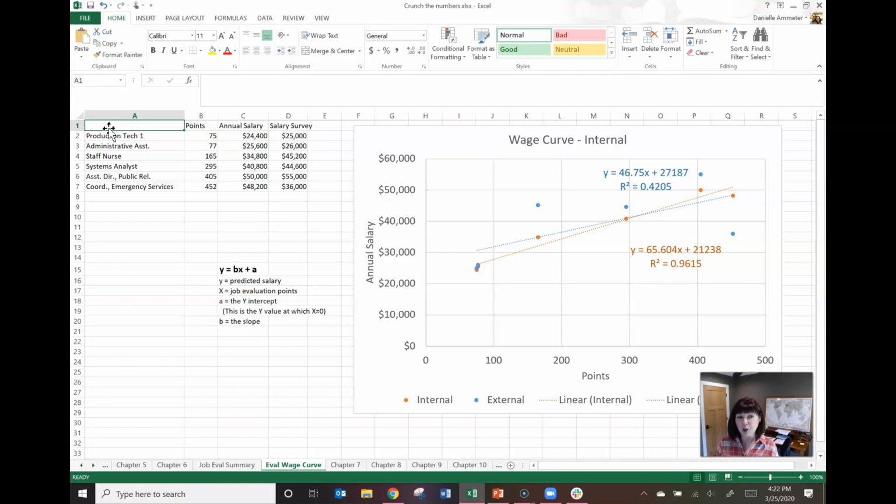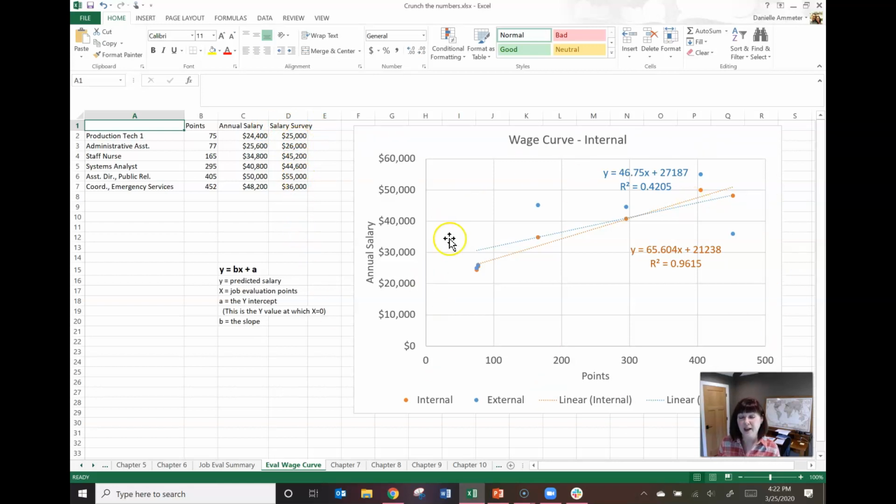Remember? So here are the 6 jobs. Here are the points that you all assigned to them. Here's our annual salary internal. This is what the hospital system is already paying. And then the salary survey is what the external market pays here.